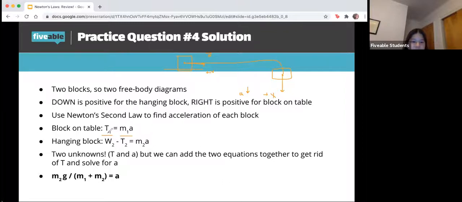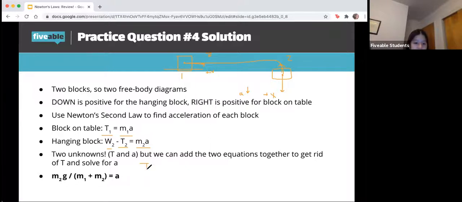I have these little subscripts just to specify, because this is box 1 and this is box 2. You don't want to mess up which one we're working with. For the hanging block, weight is positive, and tension, the rope we're attached to, is negative: m2 g minus T equals m2 a. We have two unknowns, so we can add these equations together.